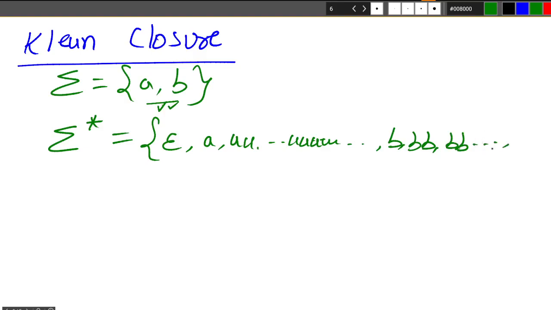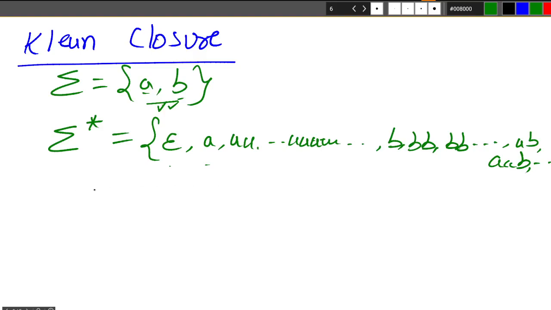It will also produce the combinations of them, a b a, a b, whatever possible strings. All the possible strings with a and b. Here it is producing infinitely many strings.